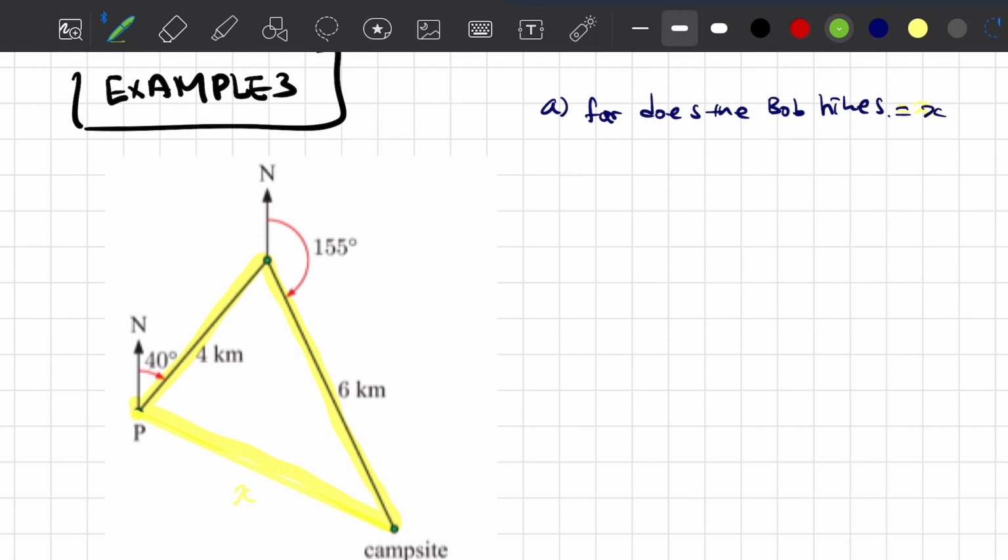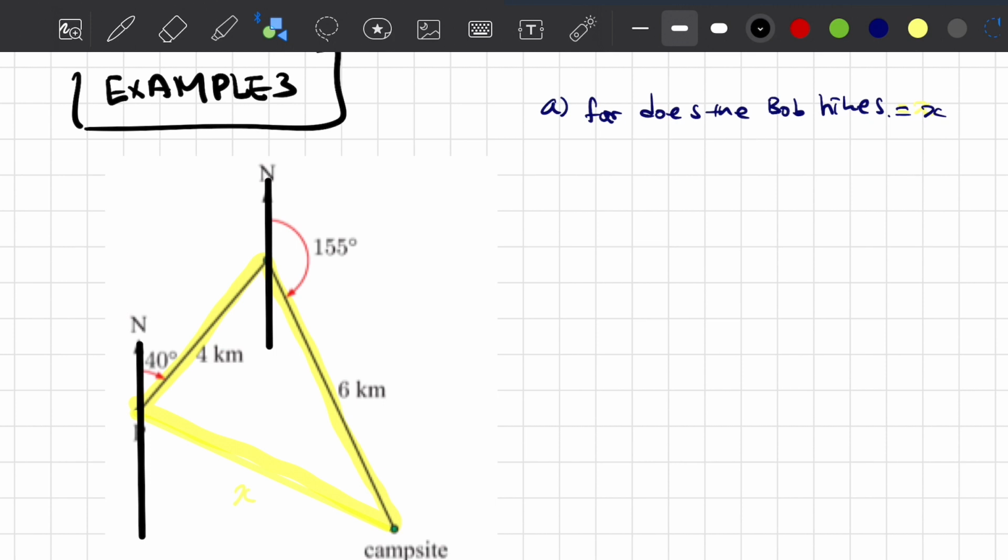In order to use the cosine rule or sine rule, we need to know at least one angle within the triangle. There are no angles given, so let's try to find one. Since there are two true north lines, they create parallel lines.